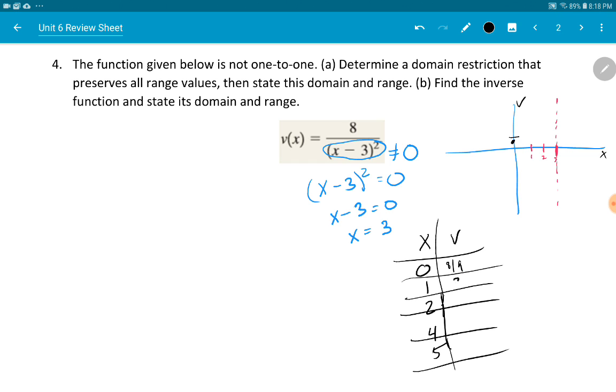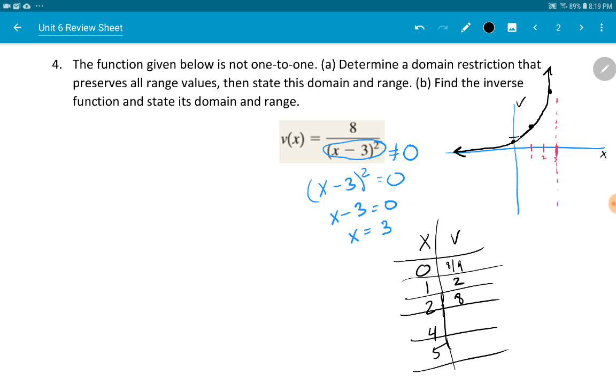So I have 8/4, so that's 2. If I plug in a 2, I get negative 1 squared, which is 1, so 8. It looks like it's going up really fast now. Since I know there's an asymptote here, it's got an upward behavior.